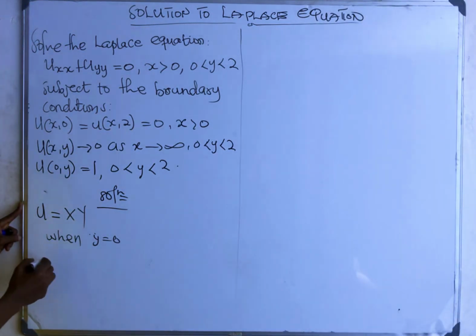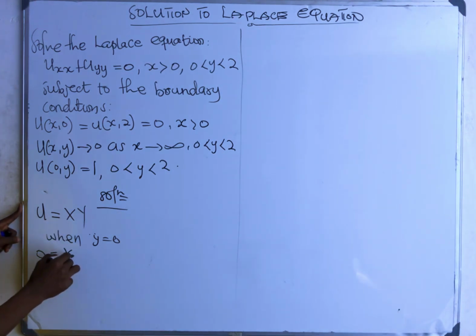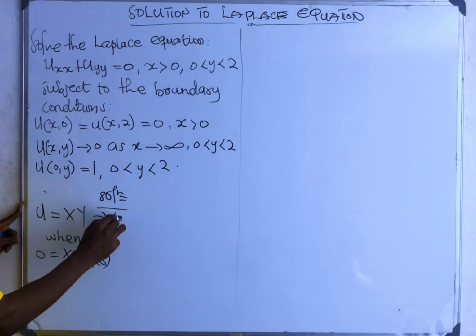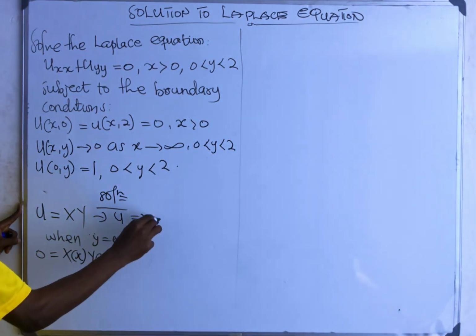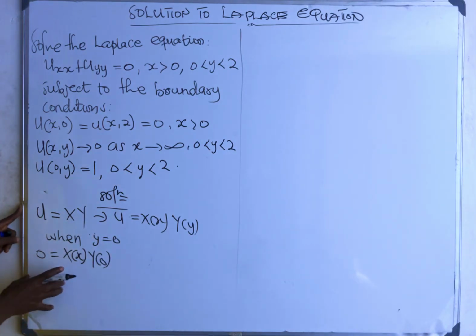So when y is 0, we are going to have 0, I'm just substituting here, equals X(x)Y(0), because this one is supposed to be written as u equals X(x)Y(y). But when y is 0, this is what happened.